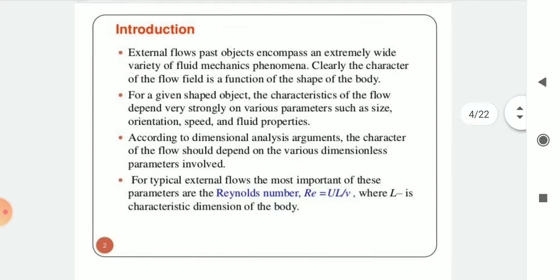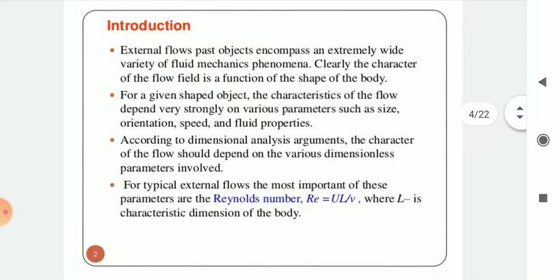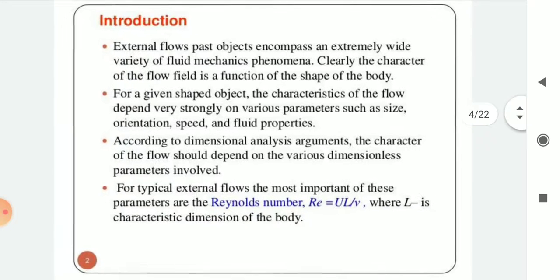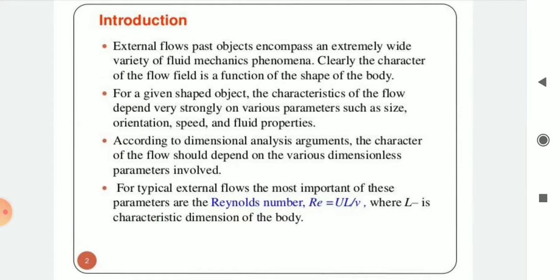External flows past objects encompass an extremely wide variety of fluid mechanics phenomena. Clearly, the character of the flow field is a function of the shape of the body. For a given shaped object, the characteristics of the flow depend very strongly on various parameters such as size, orientation, speed, and fluid properties.